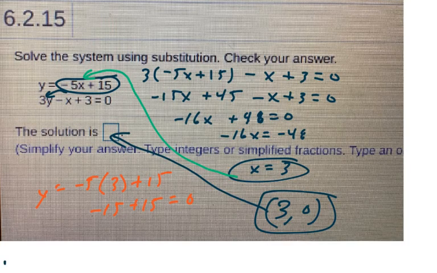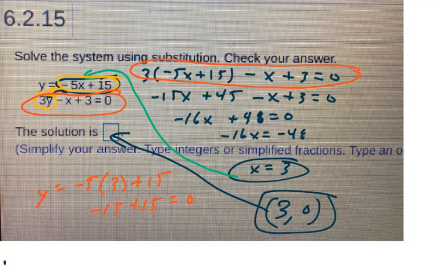Okay, on this one right here, since y equaled negative 5x plus 15, I put it right in there for the other y right there. So I had to times it by that 3 there. So if you look over here, this is the second equation, and I plugged in my negative 5x plus 15 for y.